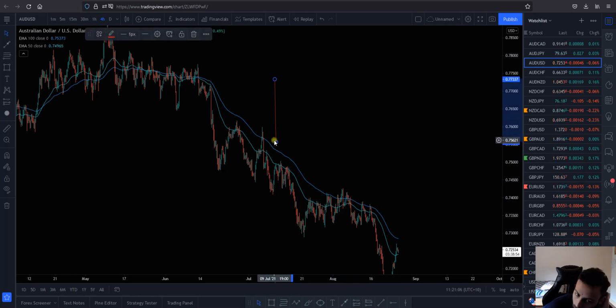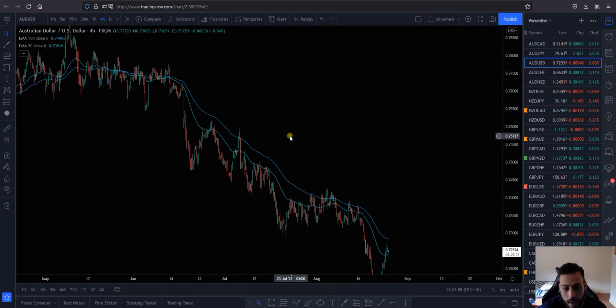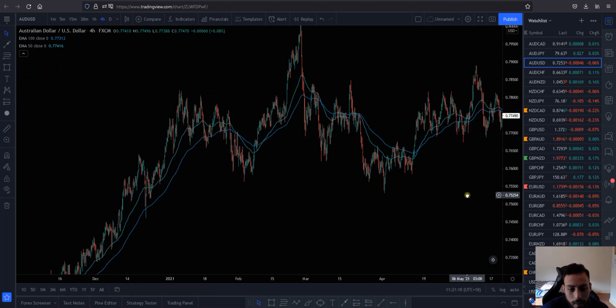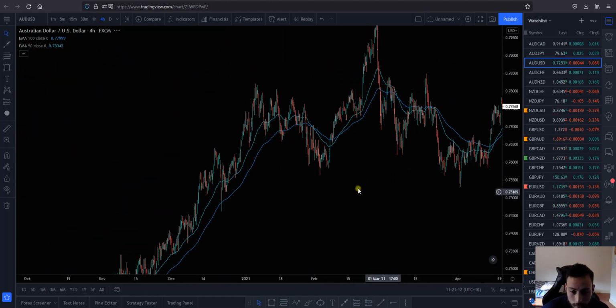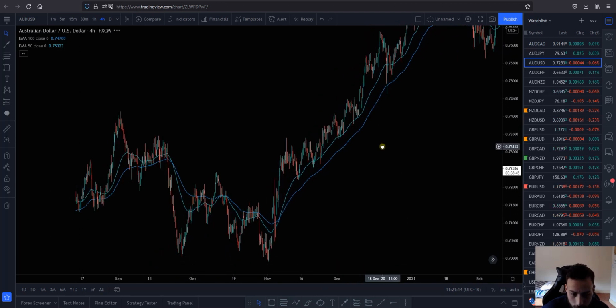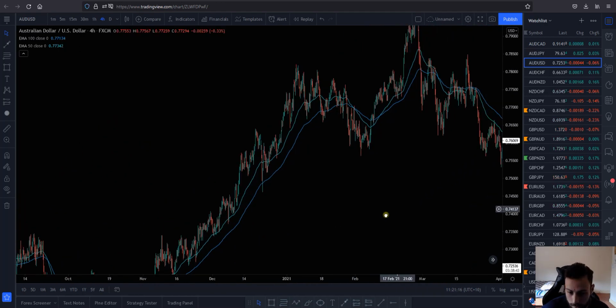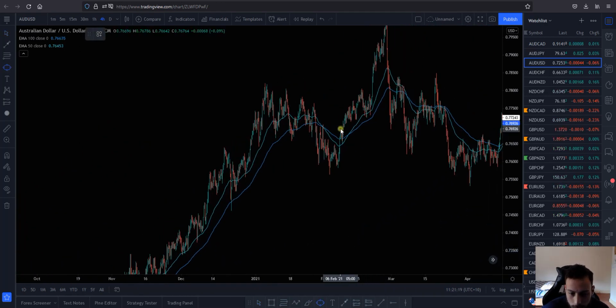All right. What I will say is that an important thing to note is that when the trend does change, we have the moving averages cross. Okay. Now the second the moving averages cross, so we've got two examples here. We had a massive strong uptrend, and we had a moving averages cross, and we had a really short downtrend. Okay.